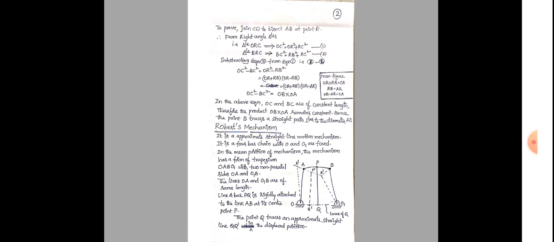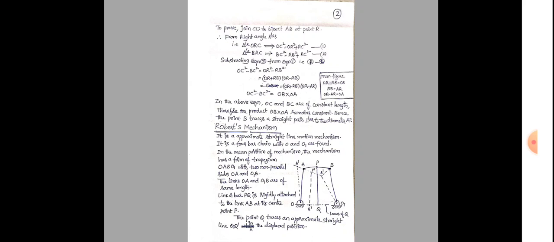But here OA and O1B are two non-parallel sides, yet this mechanism is in the form of a trapezium OABO1, in which OA and O1B are the two non-parallel sides.